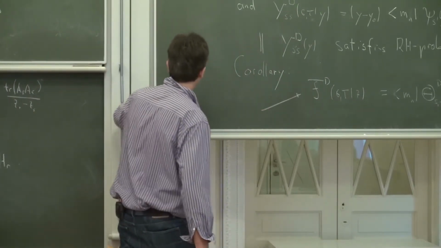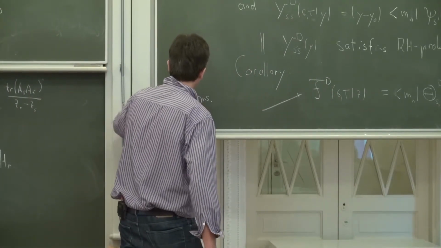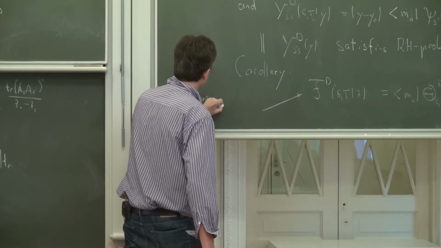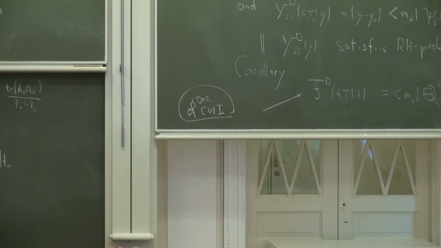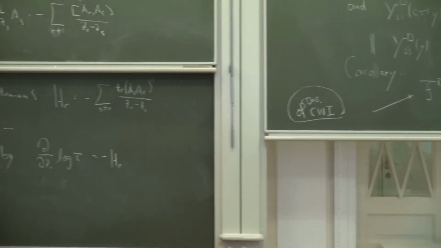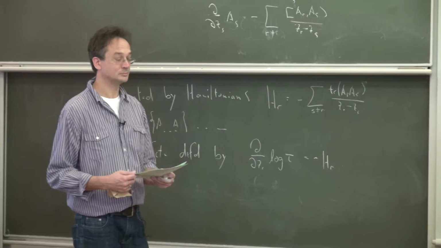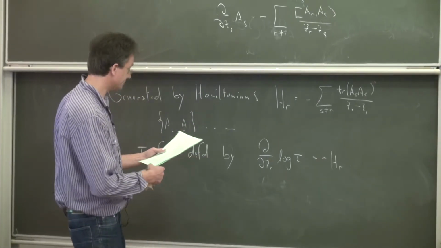So maybe let me put it here. This is conformal Ward identities. All right, how much time do I have left? To gauge my 7 minutes. 7 minutes? Well, that's not ideal, but let me try.